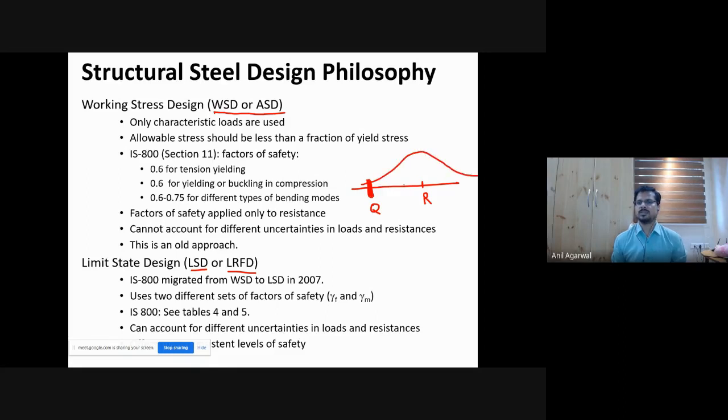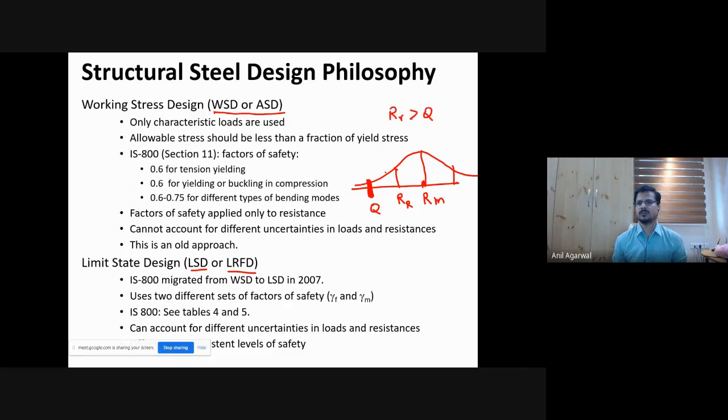So R will be distributed like this, and we had to make sure this is R mean, and this might be your real R, or it may be anywhere, maybe here or here. But if your R real is this one, then you have to make sure that R real is more than Q.